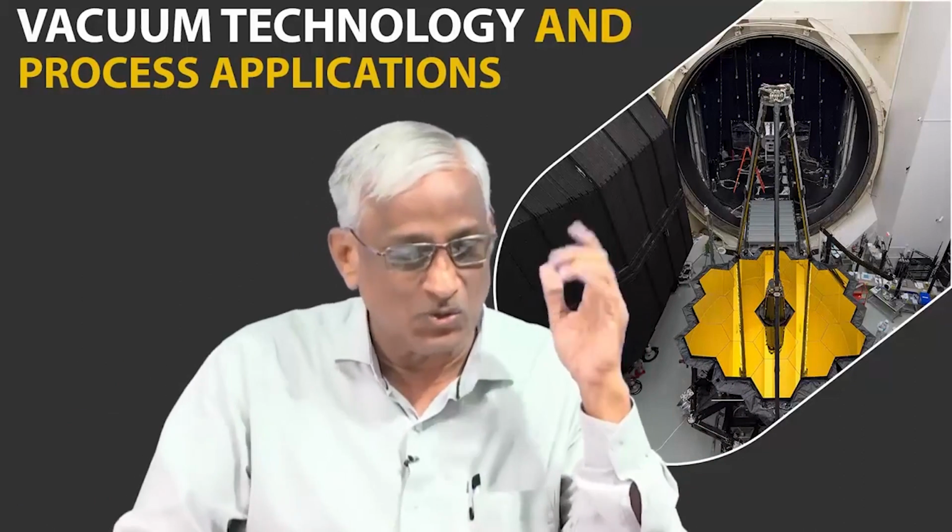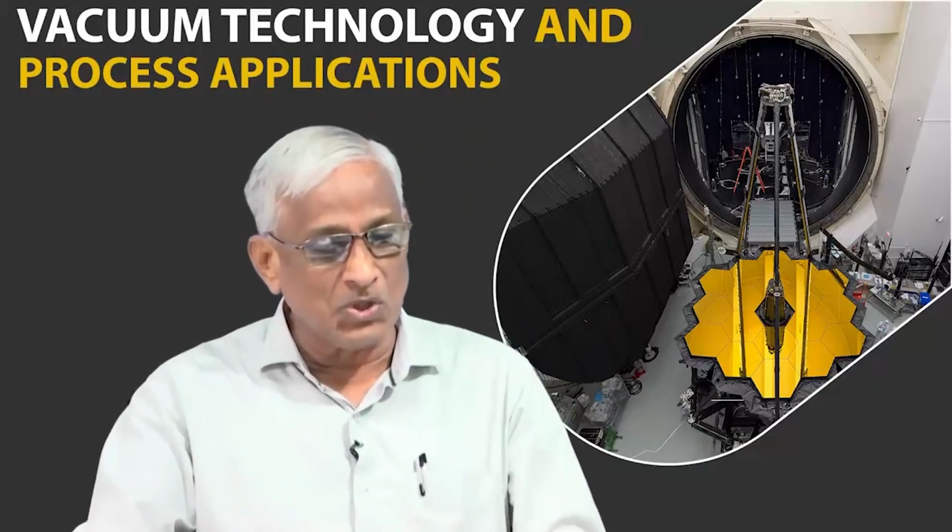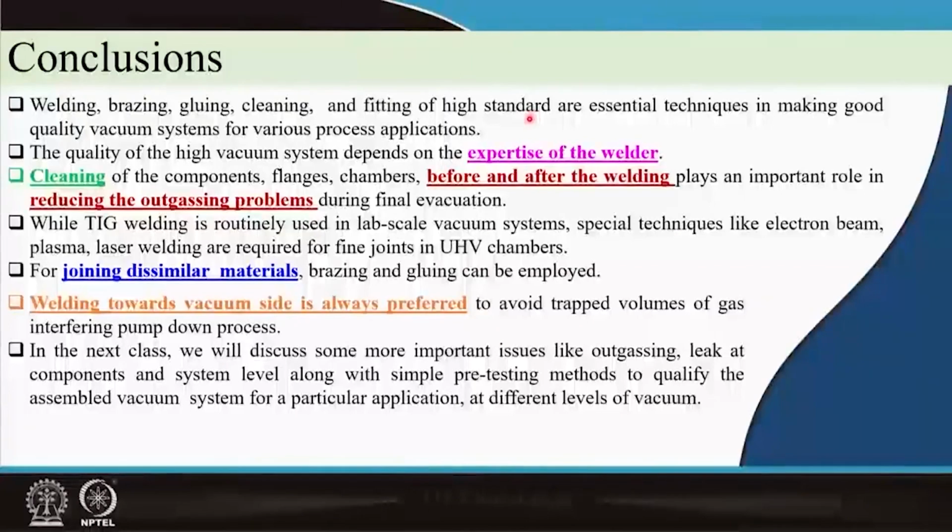That is the aim of this particular lecture. So, to conclude, welding, brazing and cleaning are very, very important essential techniques in making ultra high vacuum or high vacuum or vacuum systems. So, you should keep track of all these things.